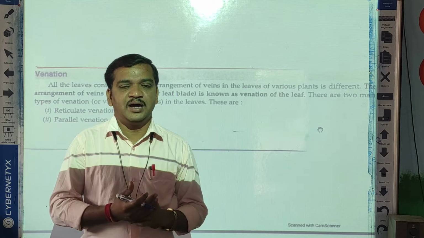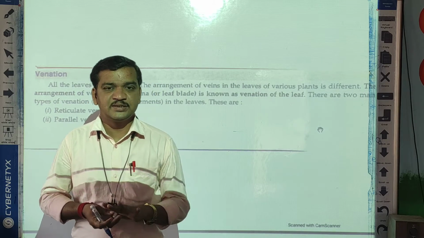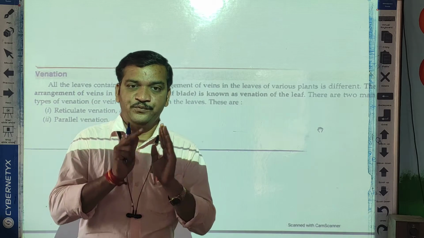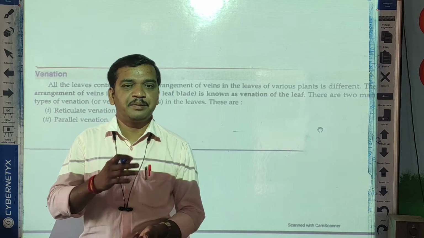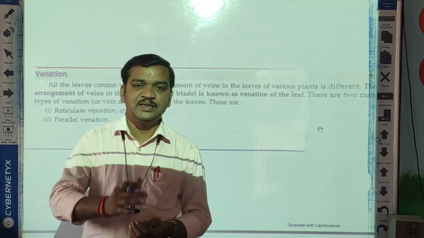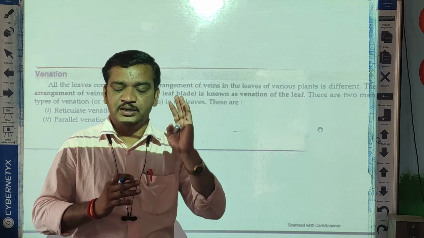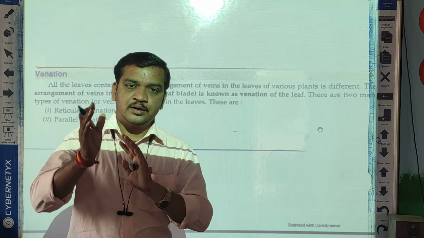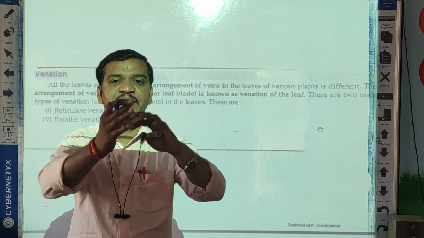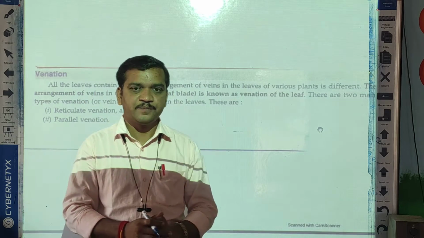In some plants' leaves we can see veins which are parallel to the midrib, and in some plants' leaves we see that the veins run anyhow and form a net-like structure.